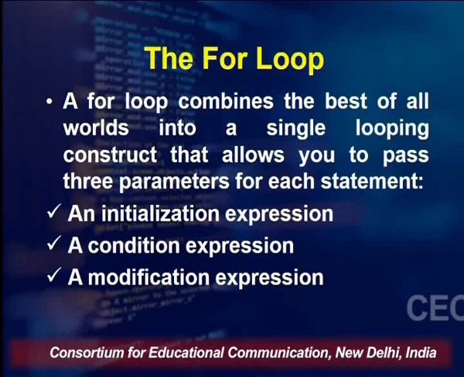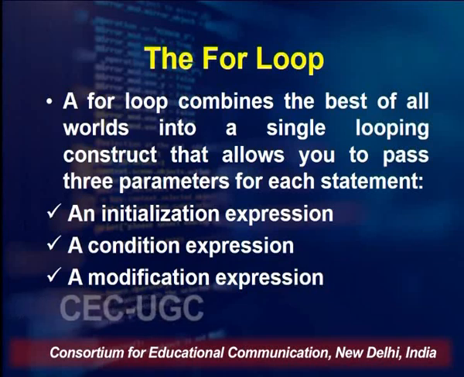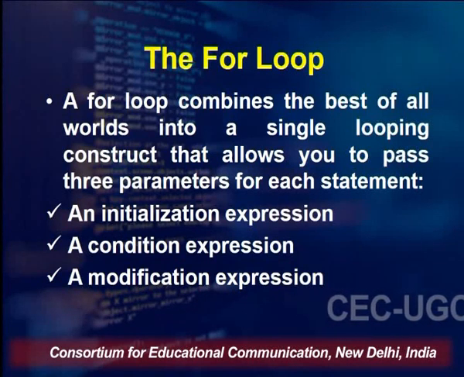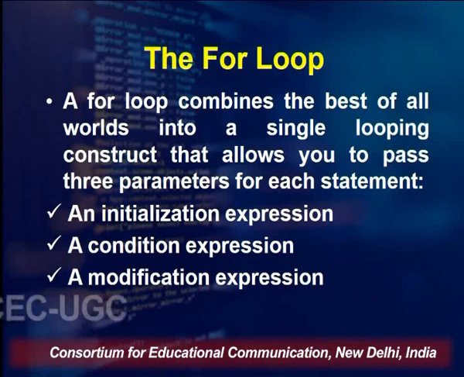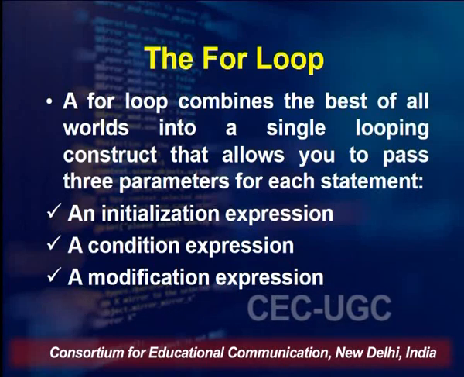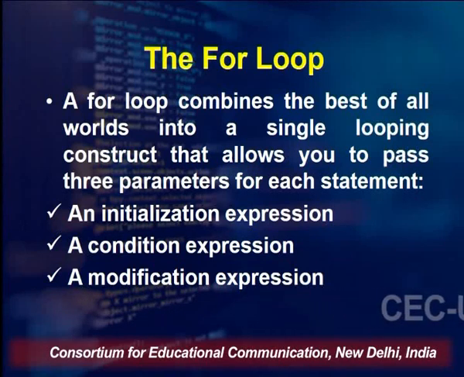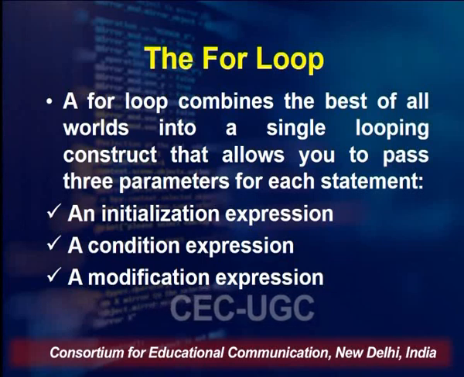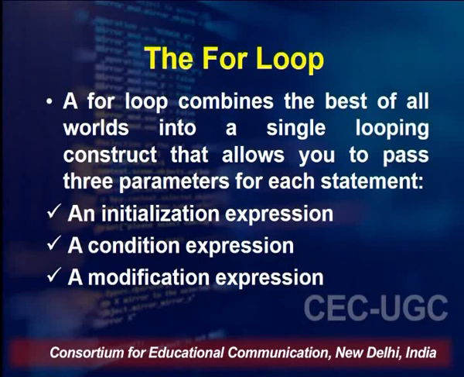Then another very popular loop, other than the while and the do while loop, is the for loop. It is actually a combination of multiple constructs into a single line. It gives you a single line looping construct, and there are 3 parameters passed into this loop. The first is the initialization expression, the second is the condition expression, and the third is the modification expression.